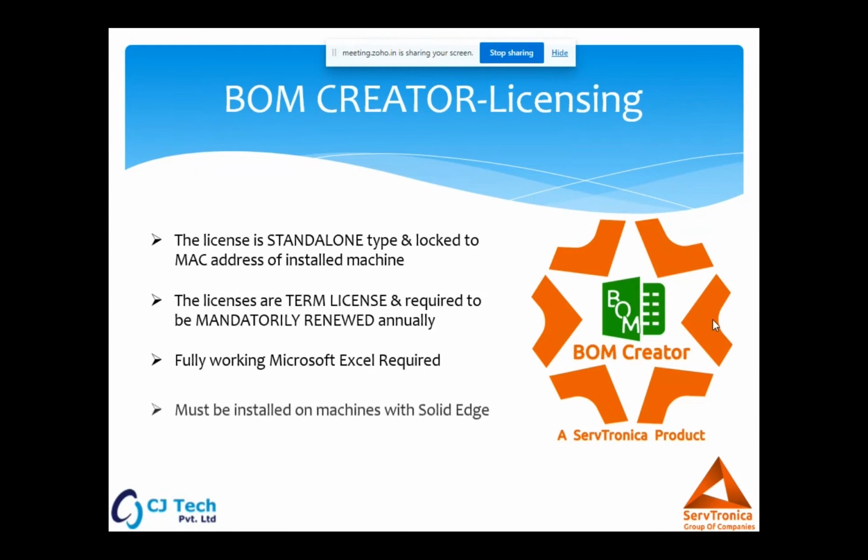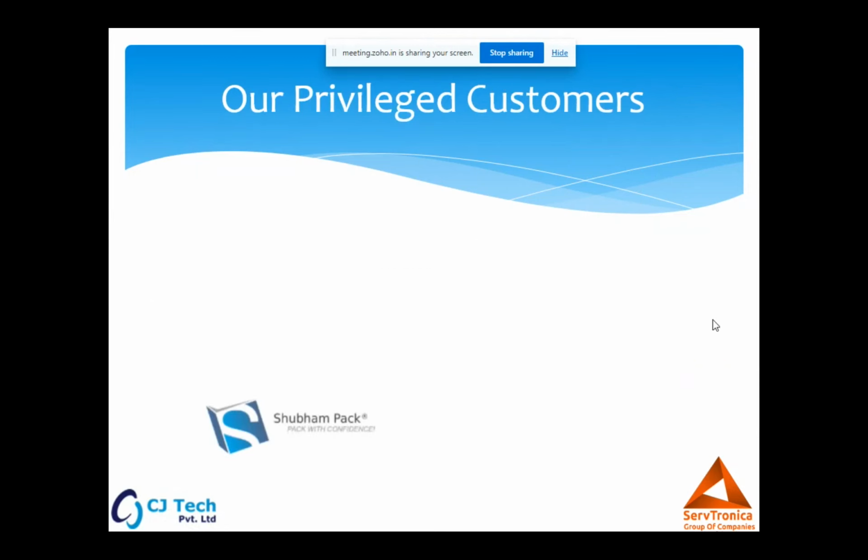You need a working Excel version on the system. BOM Creator can be installed only on systems which have a Solid Edge license installed. It can be any module, but you must have a working Solid Edge version, only then this BOM Creator can work.